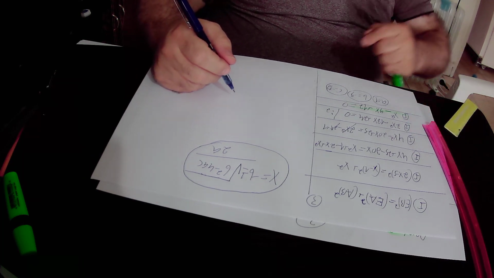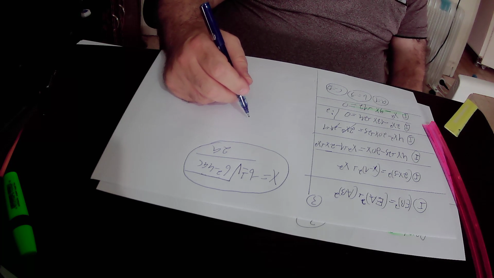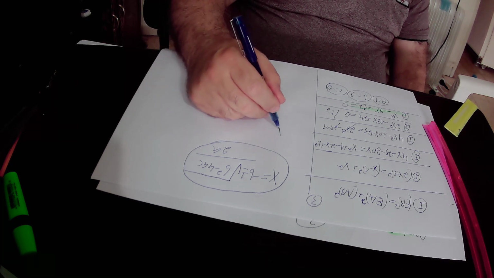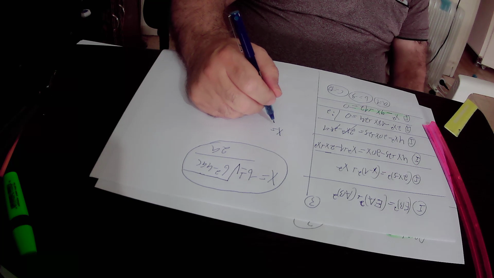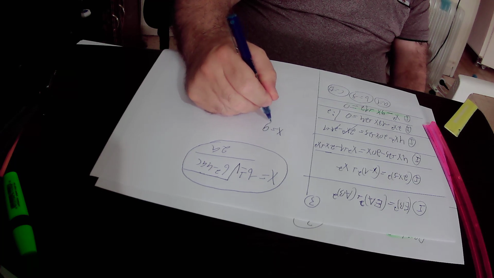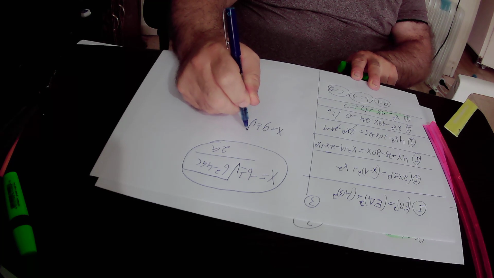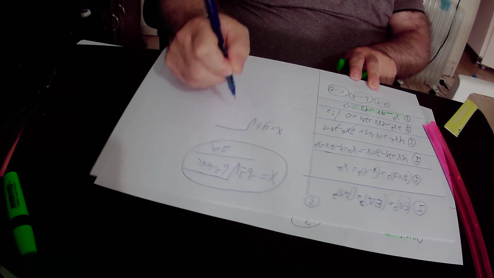So we put the data inside the formula, and we find the values of x. So here x equals minus b, b equals minus 9, so minus b is 9, plus or minus the square root of b squared.